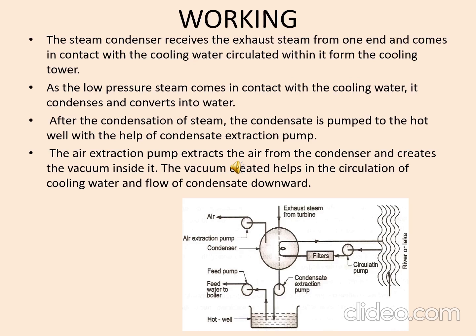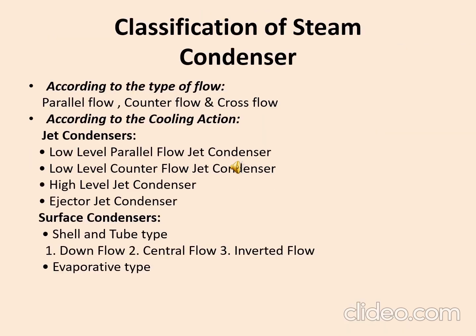Okay, so if we discuss the classification of steam condensers: according to the type of flow, it is of three types: parallel flow, counter flow, and cross flow. According to the cooling action, it is of two types: jet condenser and surface condenser. Jet condensers are of four types: low level parallel flow jet condenser, low level counter flow jet condenser, high level jet condenser, and ejector jet condenser.